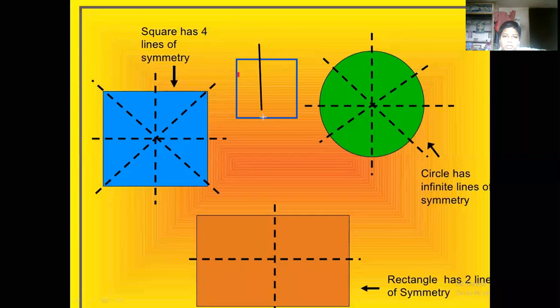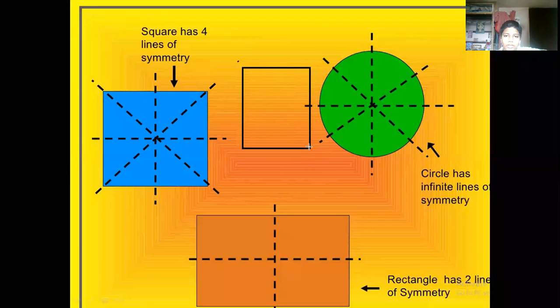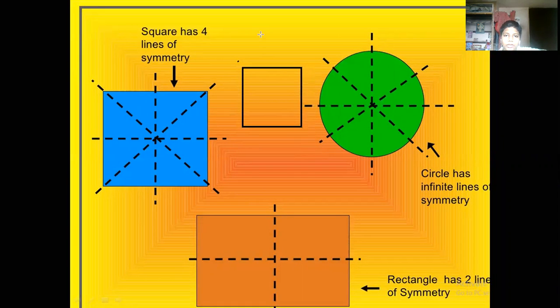See like this, 1, 2, 3. Wait a minute, I'll draw it again. Okay, this is a square, and we will be having one line of symmetry.